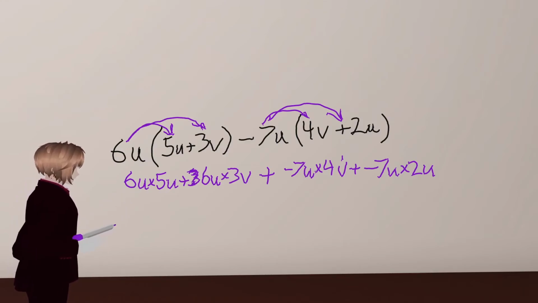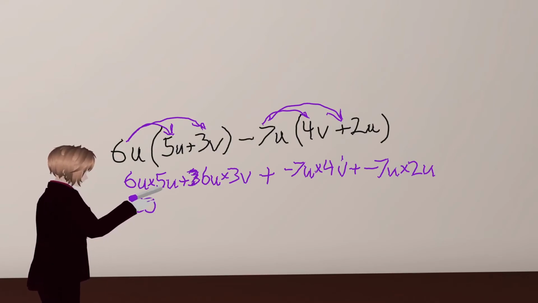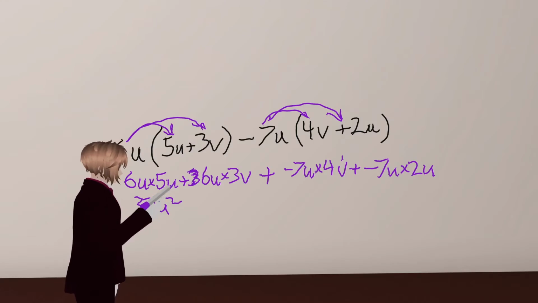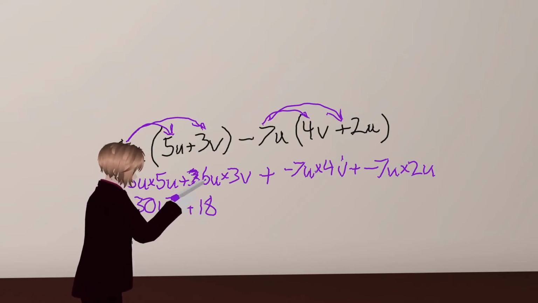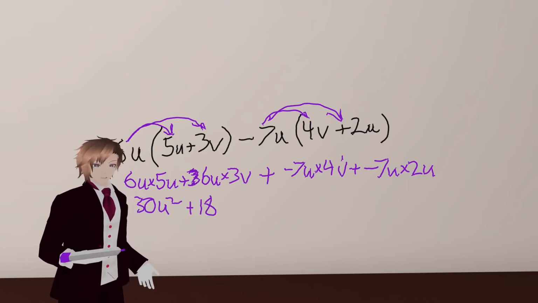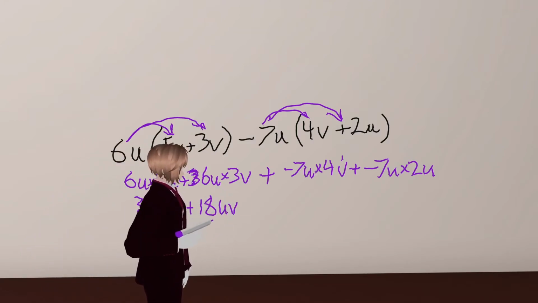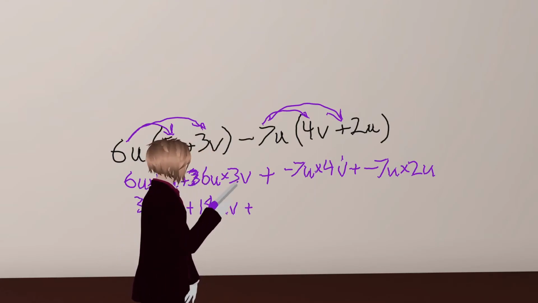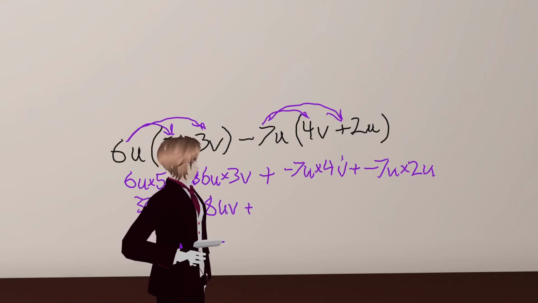We have 6u times 5u, 6 times 5 is 30, u times u is u squared. 6u times 3v, 6 times 3 is 18, u times v is just uv. Then we also have minus 7u times 4v.